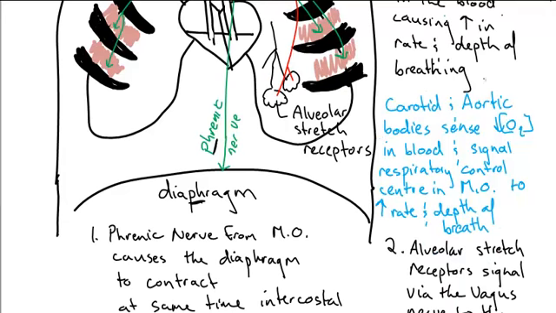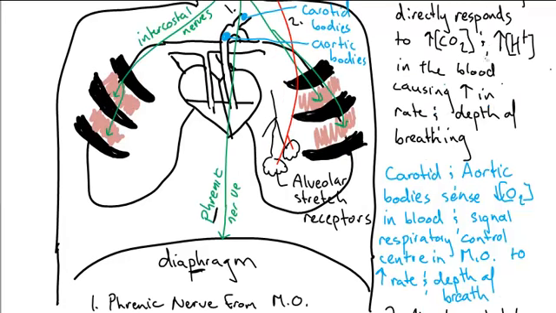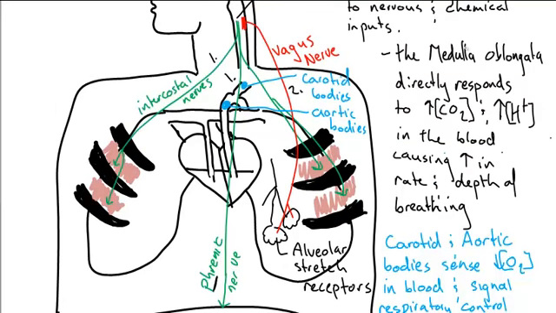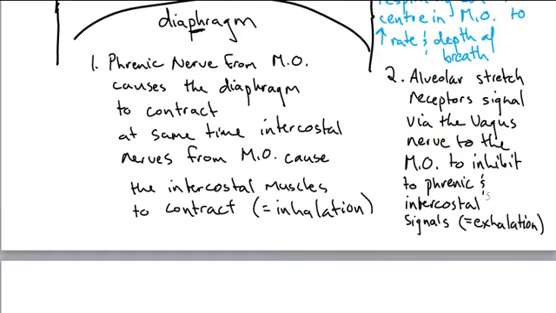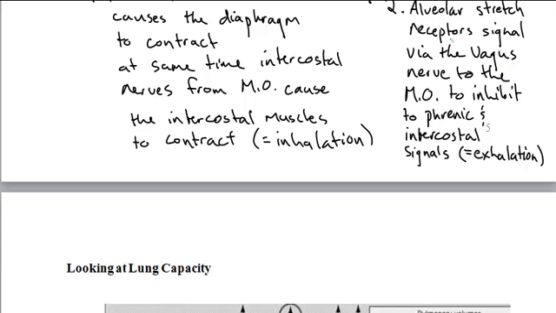But in contrast, O2 levels are not directly detected by the medulla oblongata, but rather by your carotid and aortic bodies, which then communicate with the MO. Okay, so that's how we control it through our nervous system.